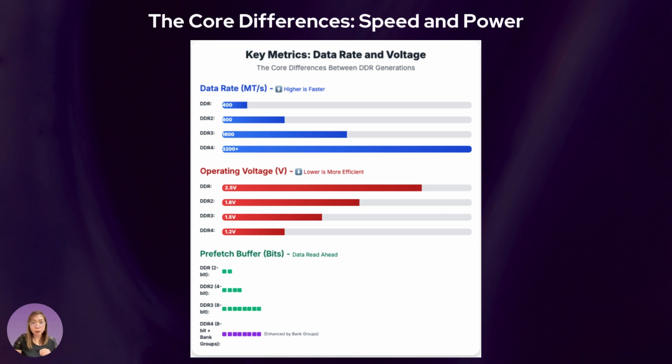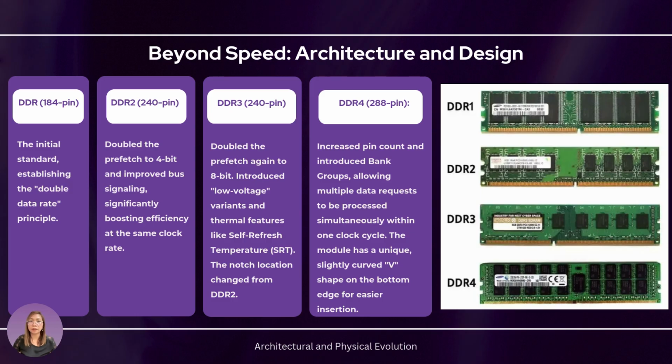Finally, if we look at the prefetch buffer, this is the internal chunk of data the RAM chip can read in advance. This buffer size doubled from DDR to DDR3, which is the core architectural reason that they can deliver more data per external clock cycle.